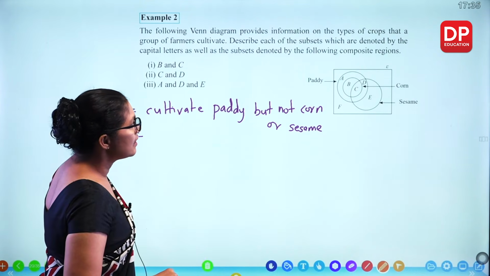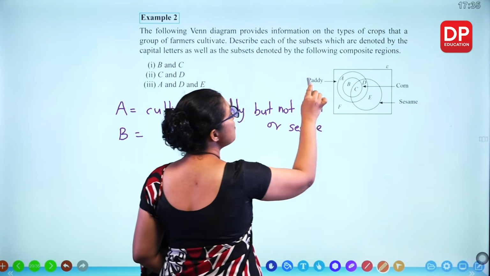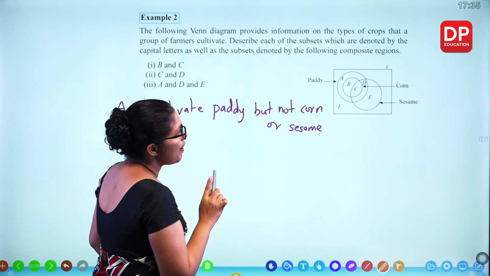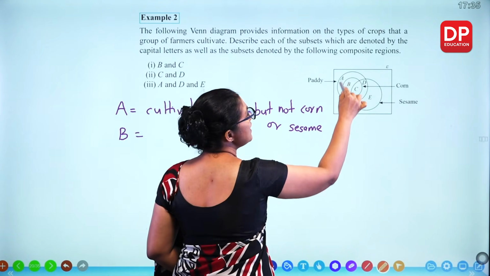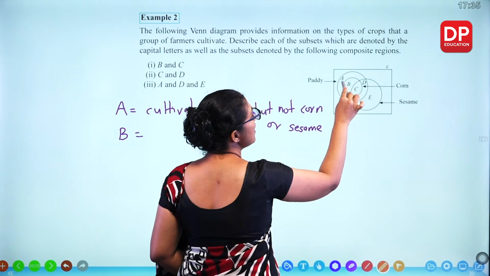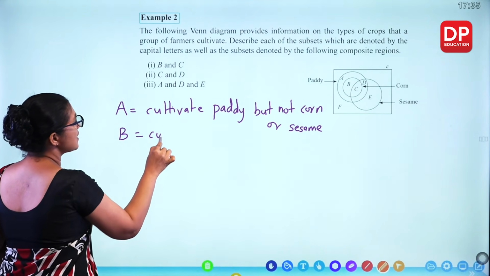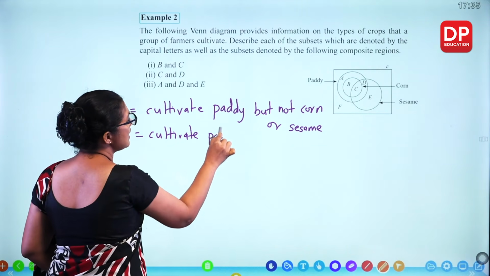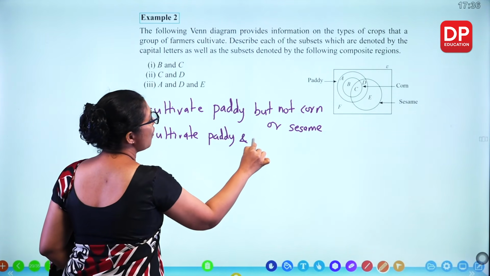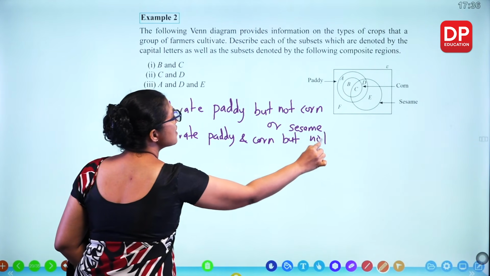B region, this part. This part belongs to paddy as well, but paddy as well as corn, but not to sesame. So cultivate paddy and corn, but not sesame.